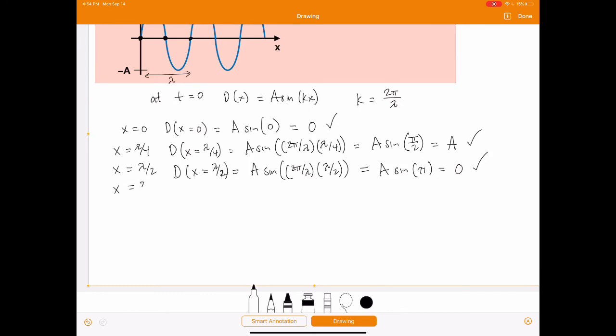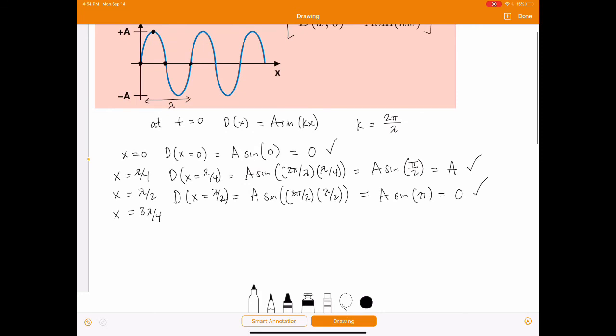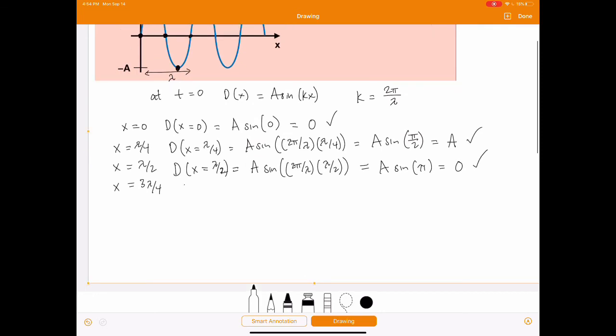What if x is 3/4 of a wavelength? So now we're at this trough down here. Then the displacement at x equals 3 lambda over 4 is equal to A times sine. We have 2 pi divided by lambda, and then 3 lambda divided by 4 for x.